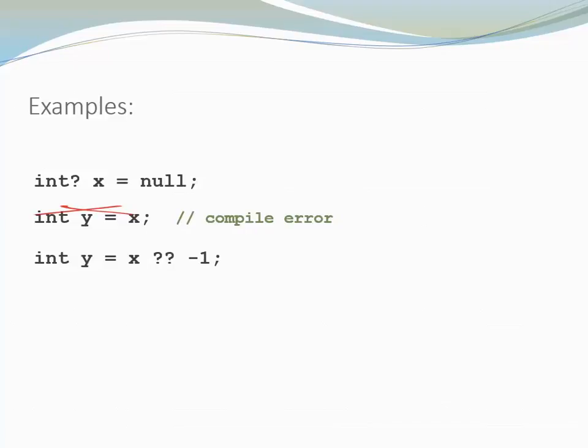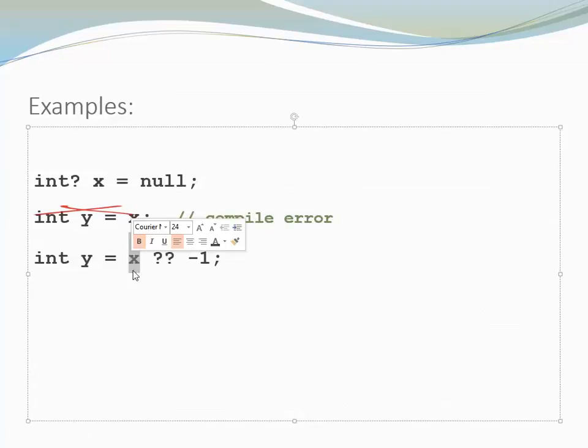So before I make the assignment, the null-coalescing operator is going to check whether x has a value. If that is the case, if x happens to be an integer, the integer is going to be assigned to y. If x happens to be null, the default value that is specified as the right operand is going to be assigned to my variable y.